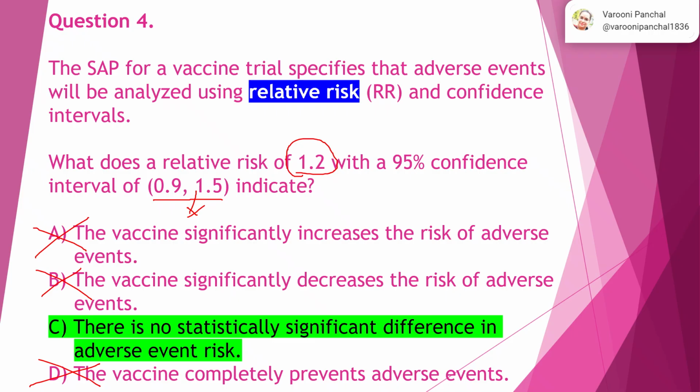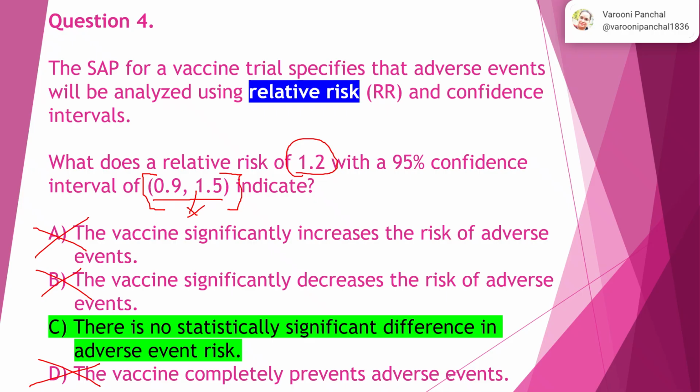So the correct answer is there is no statistically significant difference in adverse event risk. Why? Because 1.2 is lying between the confidence interval 0.9 and 1.5. So any relative risk between the lower limit and the upper limit, you come to a conclusion that there is no statistically significant difference in adverse event risk.